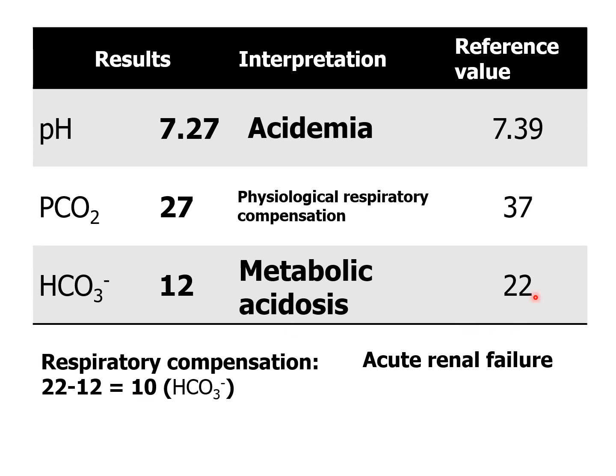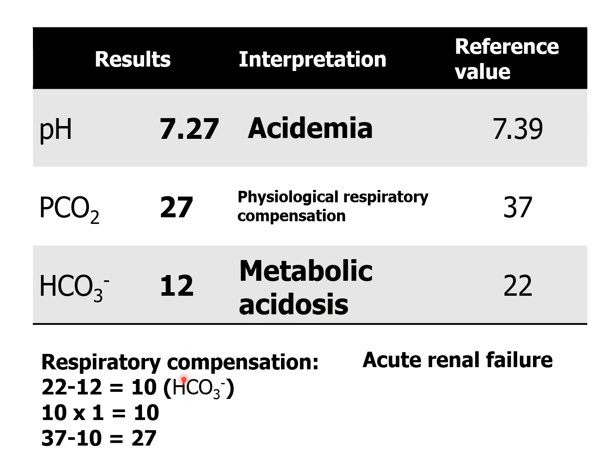It is said that a normal dog can lower its PCO2 by 1 mmHg for every 1 milliequivalent per liter decrease in bicarbonate. Since there is a 10 unit decrease in the bicarbonate, there should also be a 10 unit decrease in the PCO2 in order to compensate for metabolic acidosis.